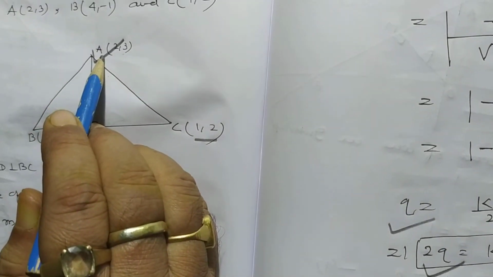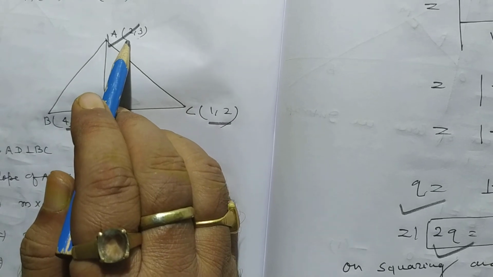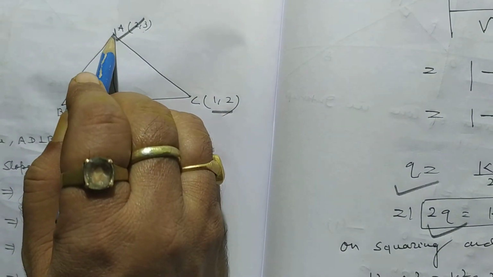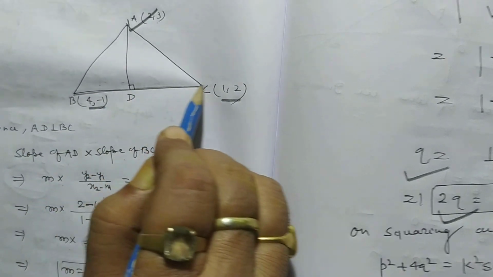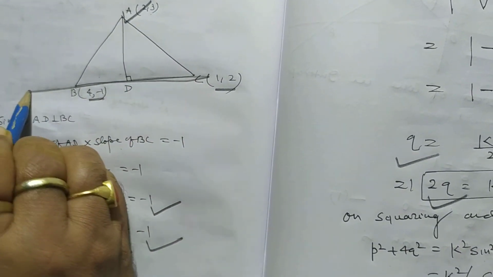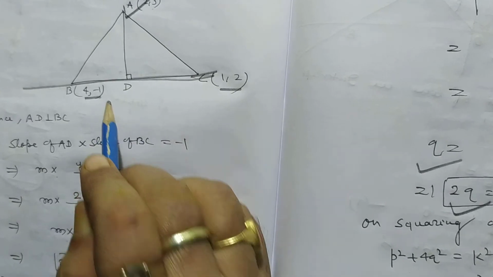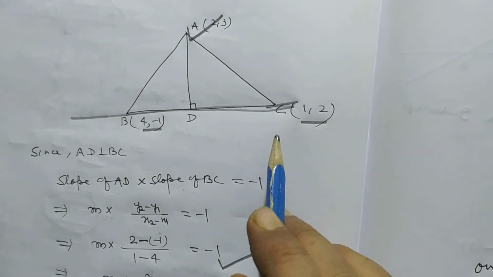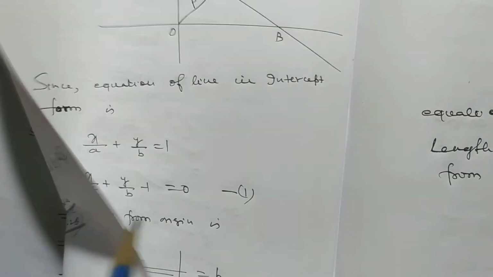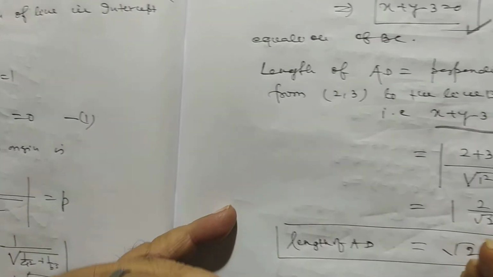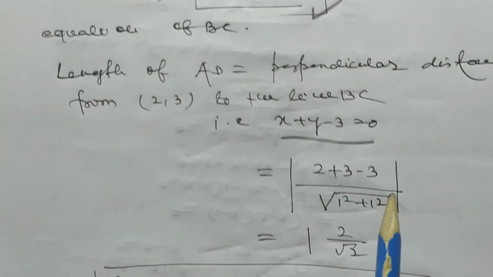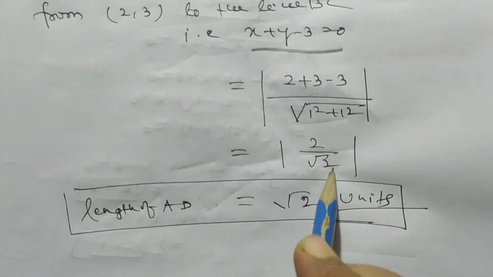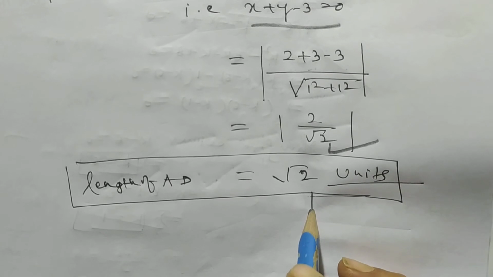The vertex A has coordinates 2, 3. And we have to draw a perpendicular from A to this line BC. And we have determined the equation of the line BC by using the two points formula. Now, the distance is (2 plus 3 minus 3) divided by square root of 1 square plus 1 square, that is 2 by root 2, that is root 2 units.